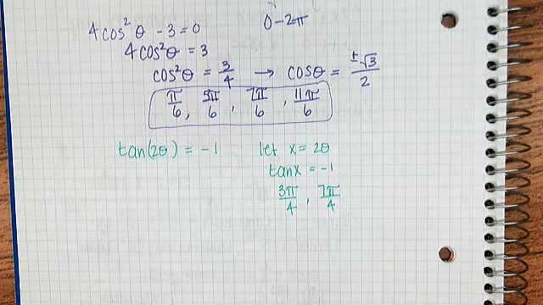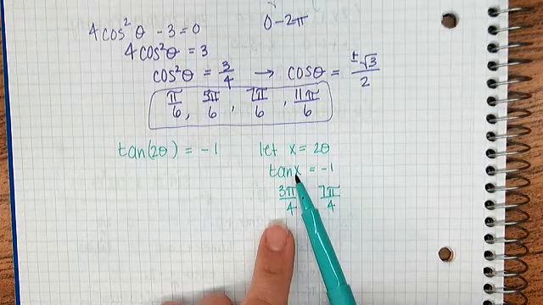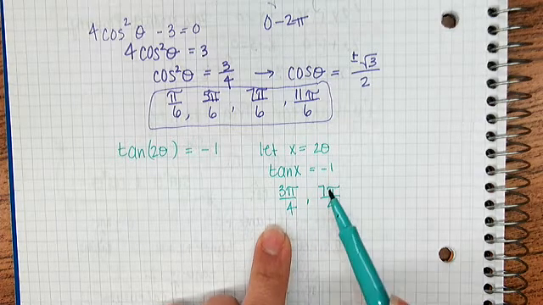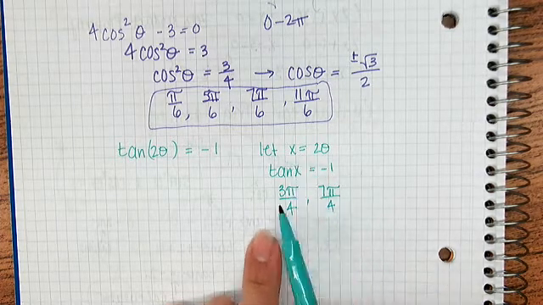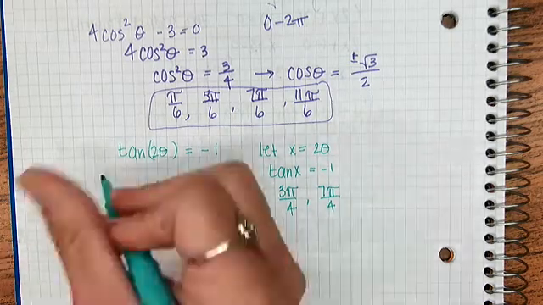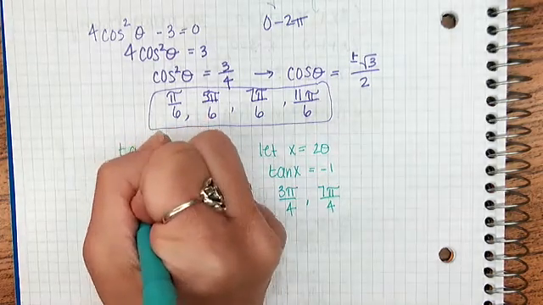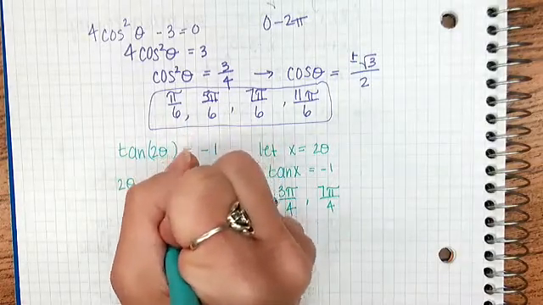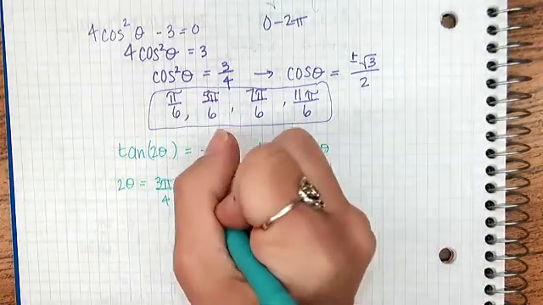Great. So I said this is what x is, but now I want x to equal 2 theta. So now I'm going to do a reverse substitution. So 2 theta is 3 pi over 4. And 2 theta is 7 pi over 4.